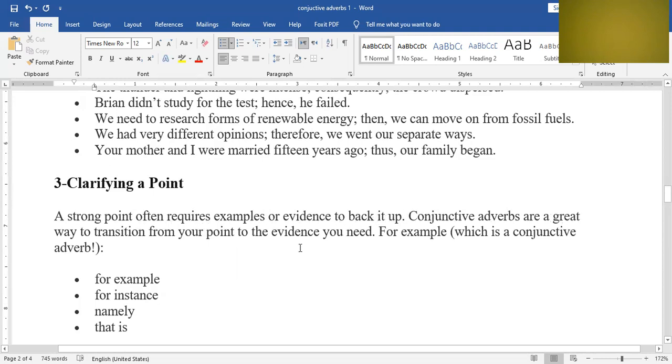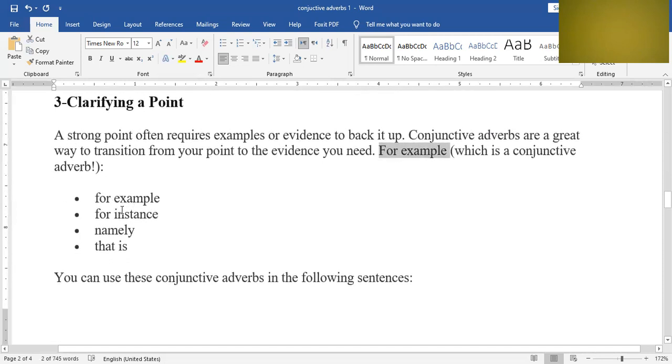Conjunctive adverbs are a great way to transition from your point to the evidence you need, to the clue you need, to the example you need. For example, it is a conjunctive adverb. The phrase, for example, is a conjunctive adverb. As you see here, for example, for instance, namely, and that is.